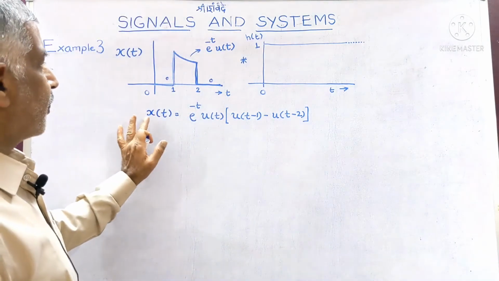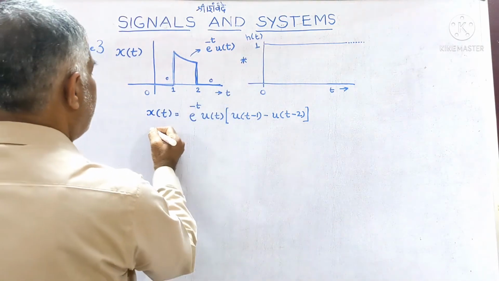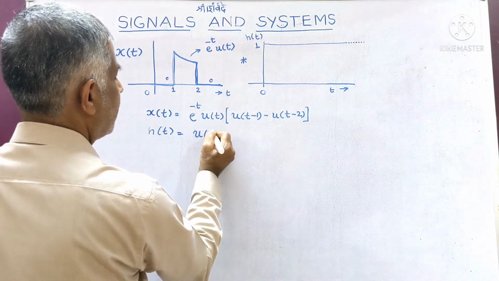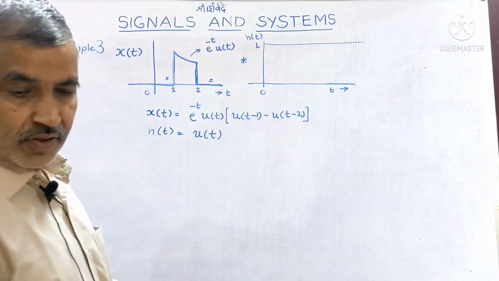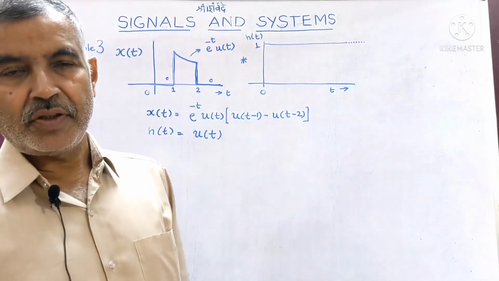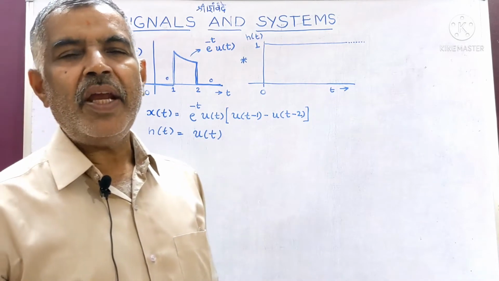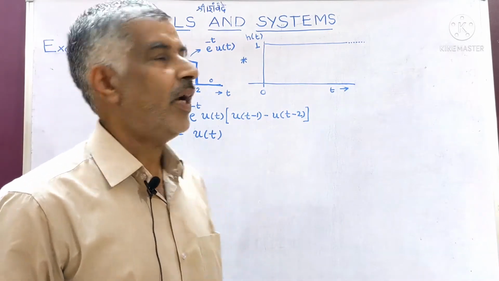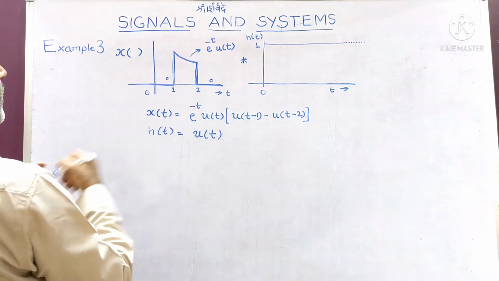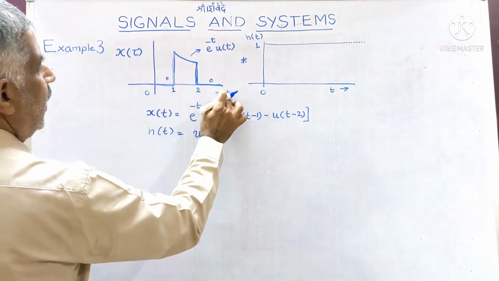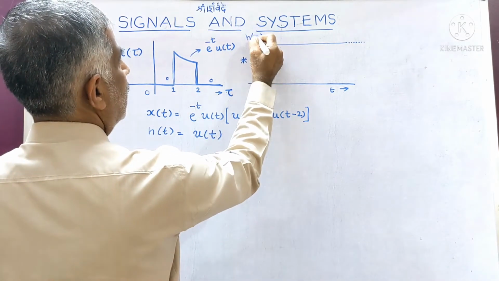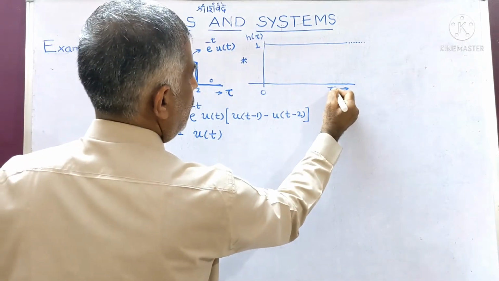This is x(t), whereas h(t), as you know, is the unit step function u(t). Now as the usual procedure, first replace t by tau. So this becomes x of tau, and this is also h of tau.